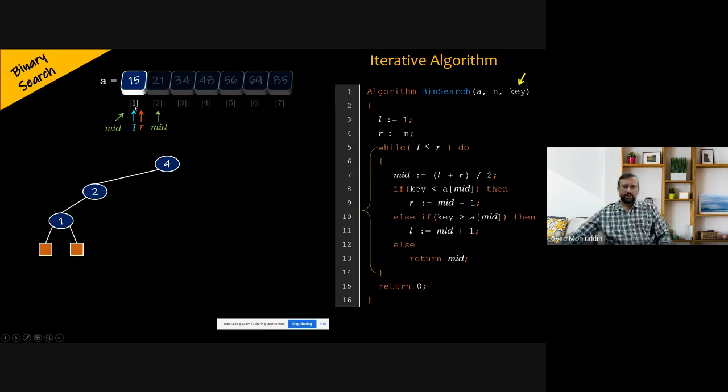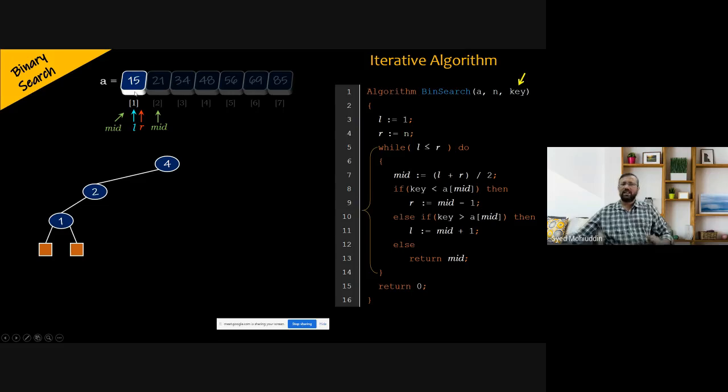At mid index 1 it's 15. So 10 should lie before 15. Are there any elements before 15? No. That means 10 is not found. So any element before mid index 1, we are saying it's an external node. This external node represents the element not found. The same way, if we have an element 18.